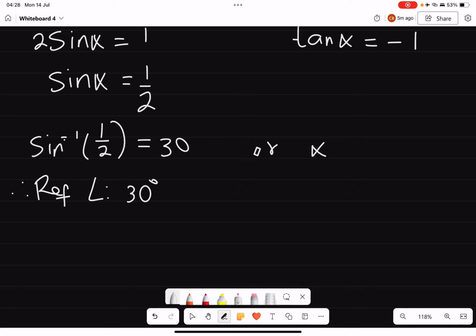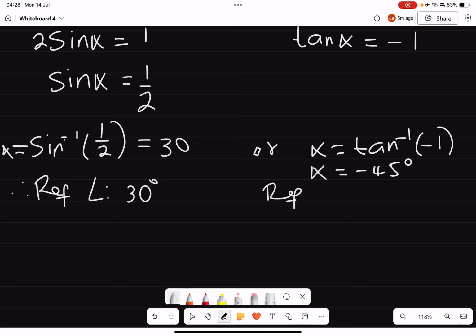Alpha equals shift tan of minus 1. Then I get alpha equals minus 45 degrees. Therefore, the reference angle will be 45. You always ignore the negative sign for the reference angle.